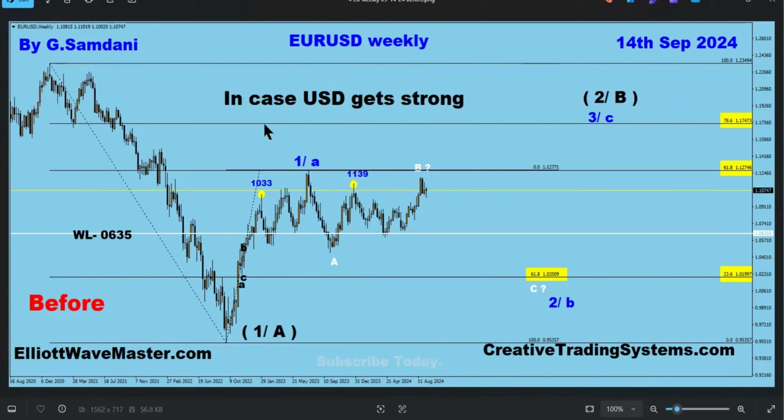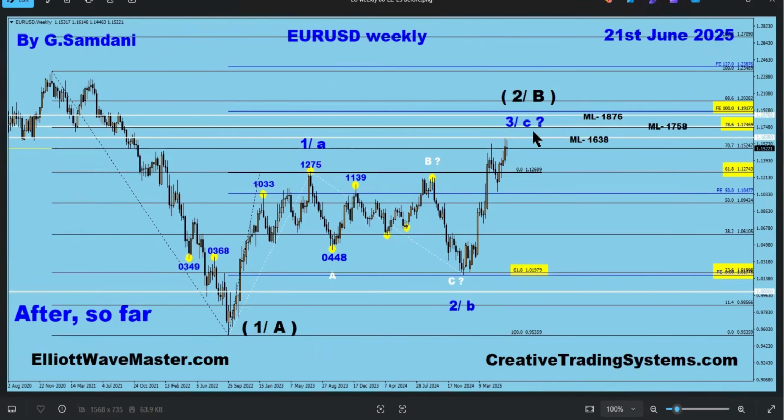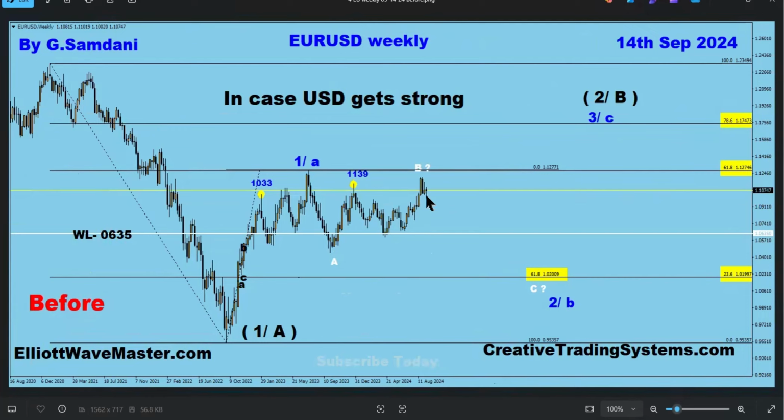So what really happened to this chart so far? We can see that we came down nicely here, exactly the way I said we were going to. From here to here it came down, and now it went up. It's supposed to go to 78% here, right?